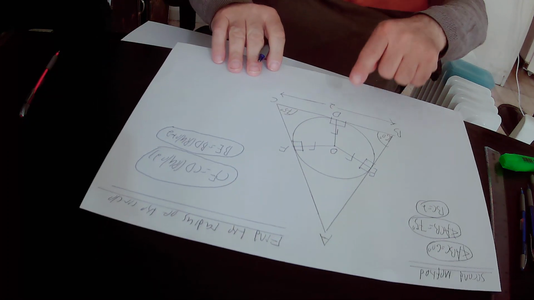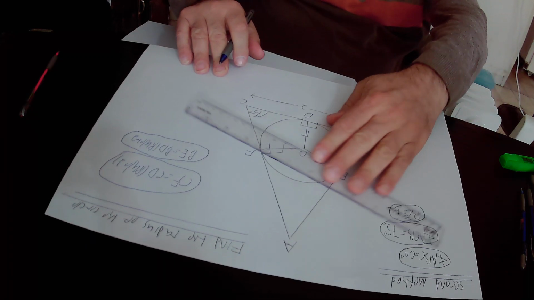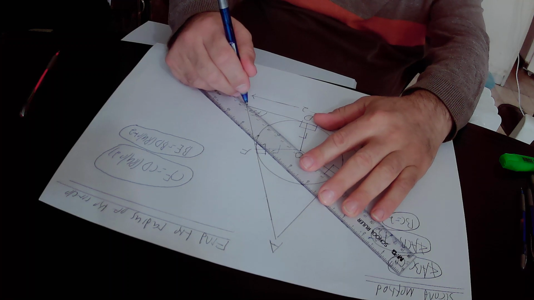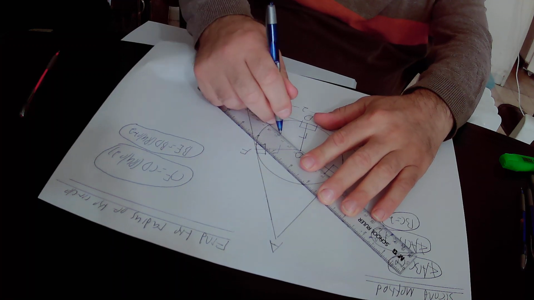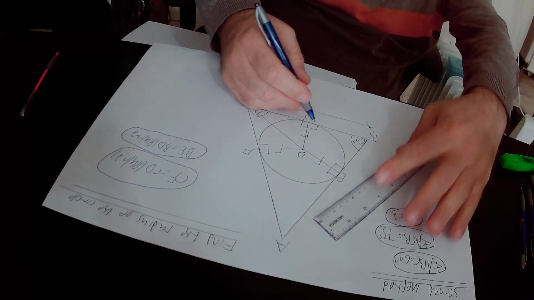In the next step, we join points O and C together by a straight line. And we join points O and B together by a straight line.